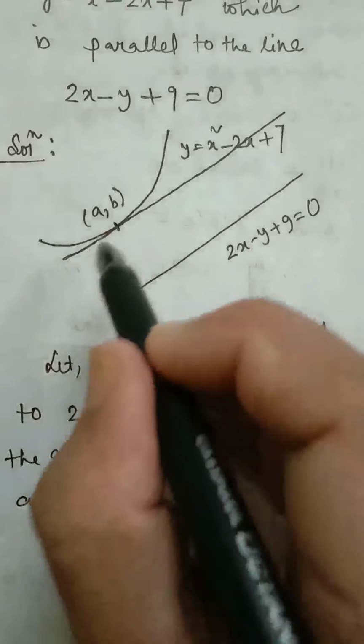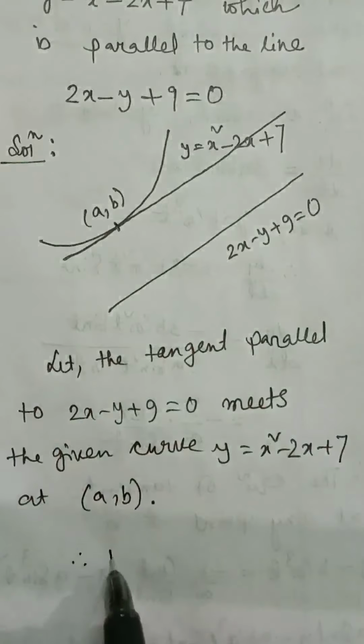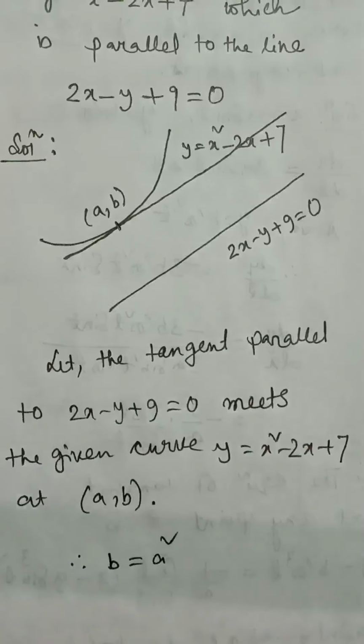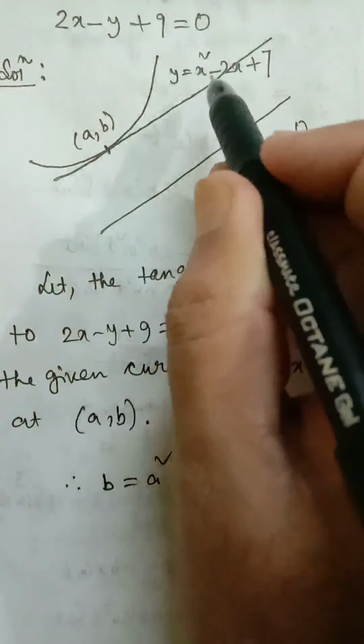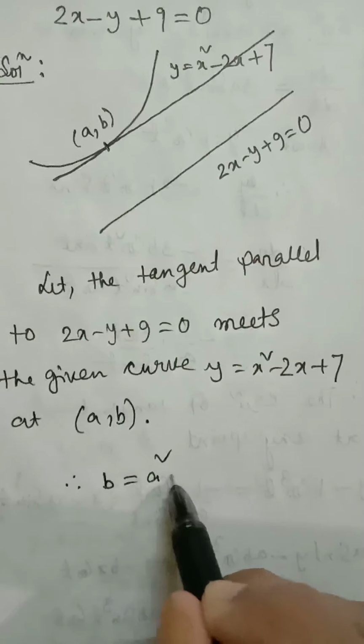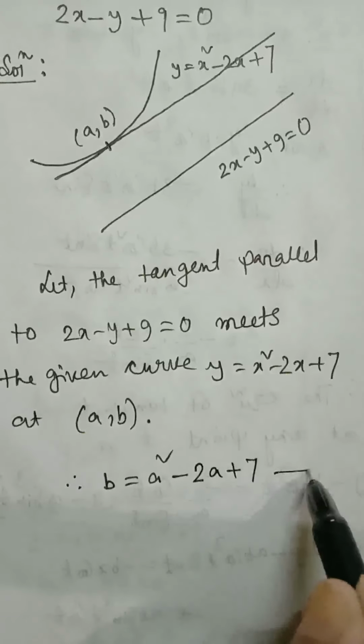Now clearly (a, b) lies on this curve, so b equal to a square minus 2a plus 7. This is the first condition.